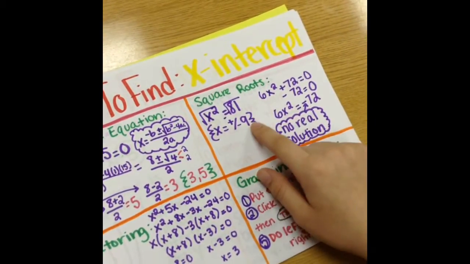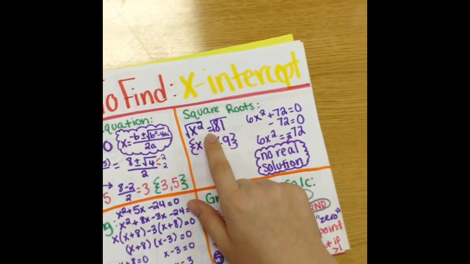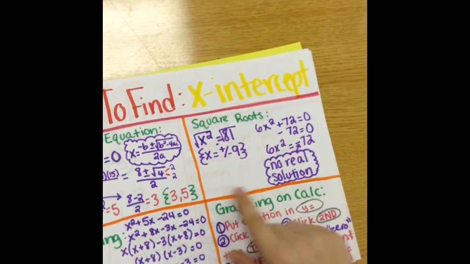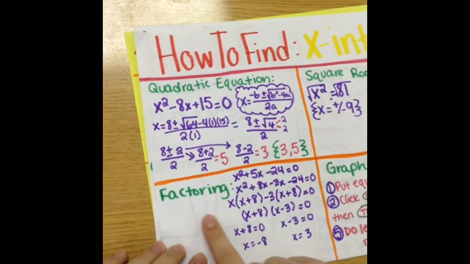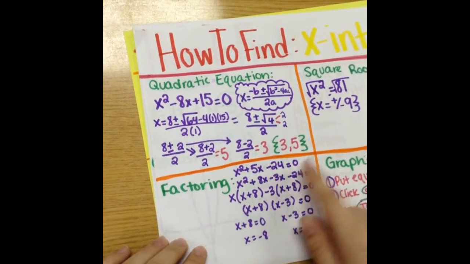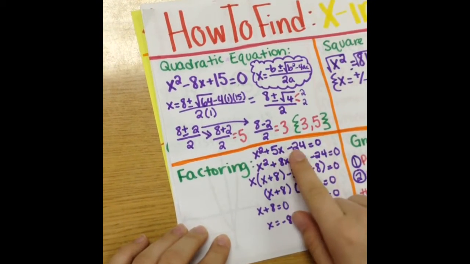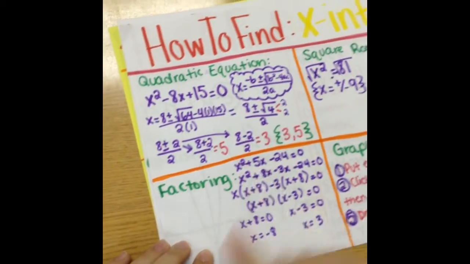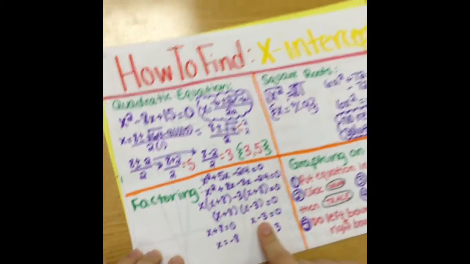This is an example of using square roots when we have x squared equals 81. You can also find the x-intercept by factoring. This is an example of factoring, and it is x squared plus 5x minus 24. For factoring, you would figure out what numbers multiply to get negative 24 and also add to get 5x. This is how you would use factoring to find the x-intercept.